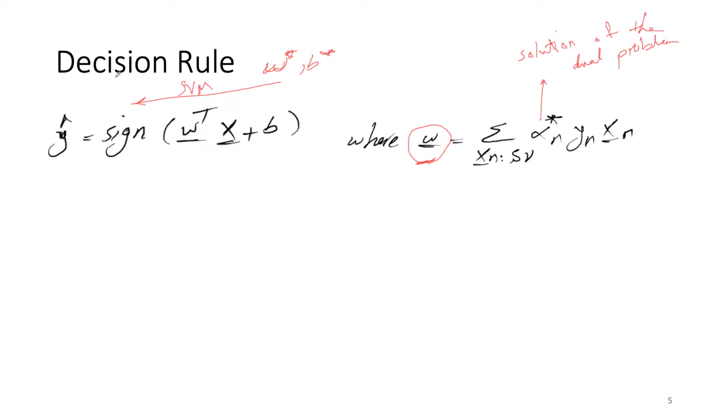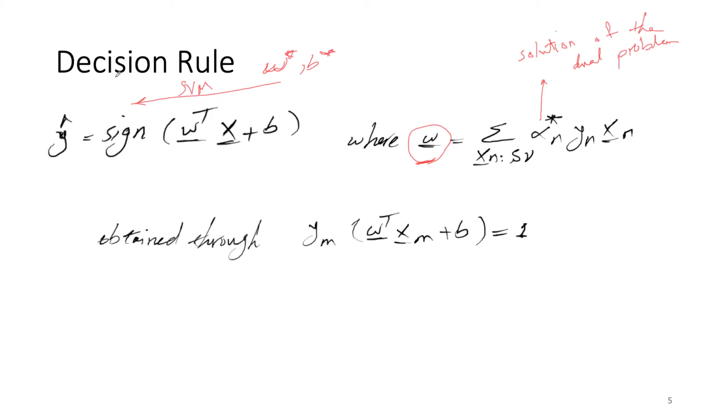So this is the way it goes. And we knew that before, that y_m times the expression should be equal to 1 for support vectors, right? So this is the process at a high level.